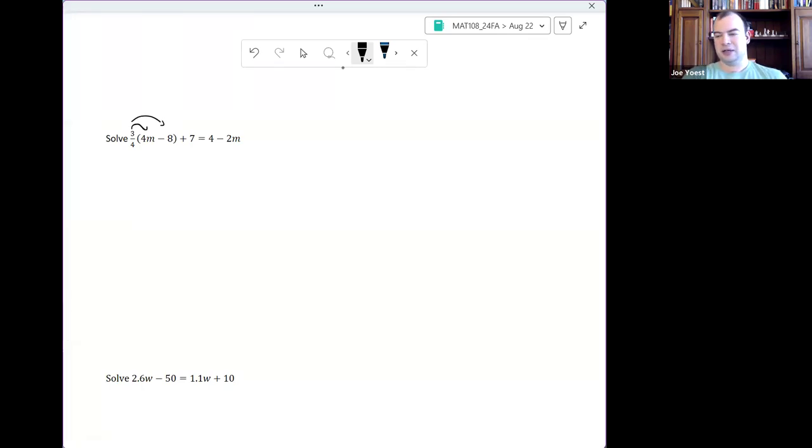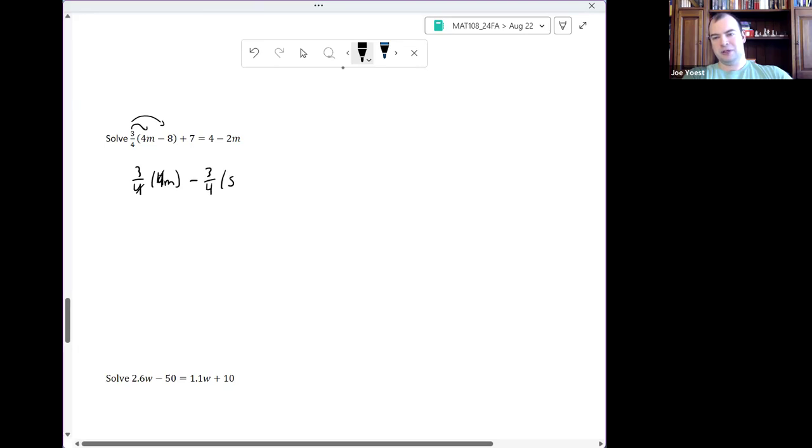It just happens to work out nicely in this case, that when I distribute 3/4 to 4m, the 4's divide out, minus 3/4 times 8, the factor of 4 and the 8 divides out and leaves me with a factor of 2, plus 7 equals 4 minus 2m.